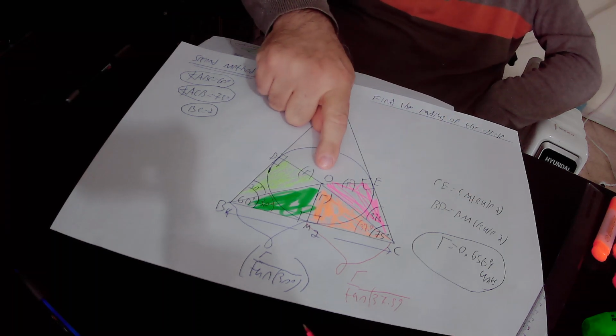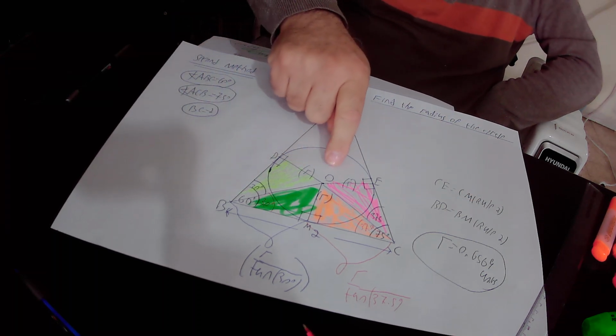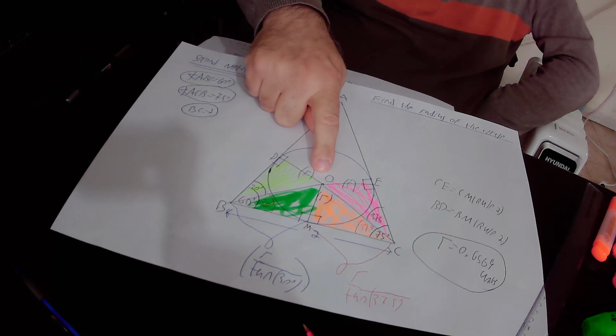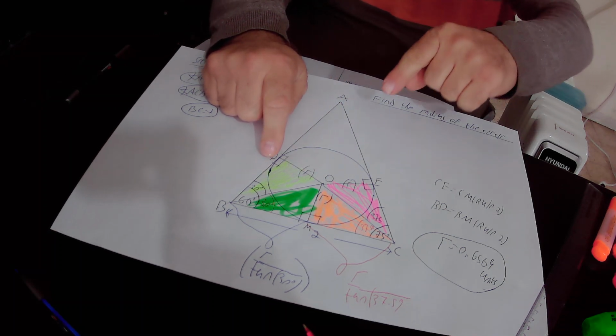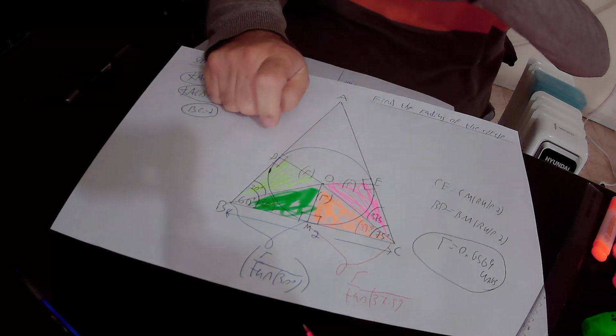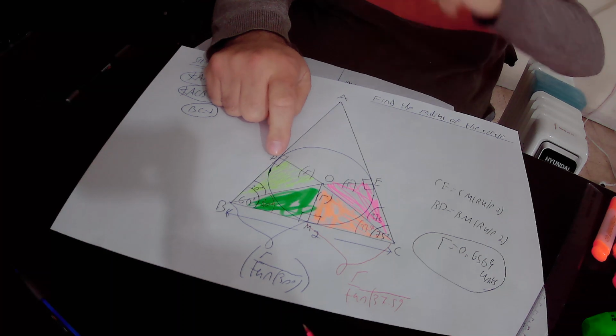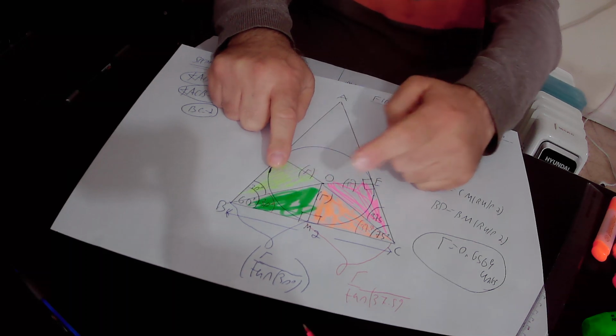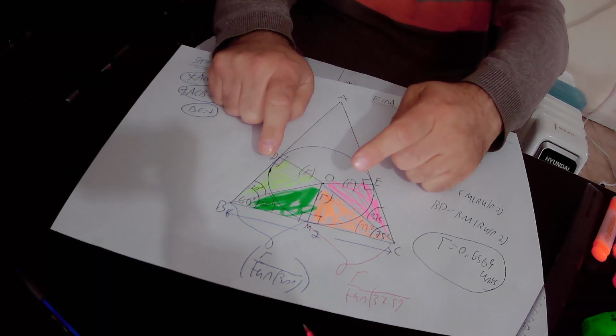Then we join points O and B together by a straight line, and join points O and C together by a straight line. By joining points O and B, we get here two triangles, the yellow right triangle and the green right triangle. And we prove that those two right triangles are congruent according to the side rule. Why are those two right triangles congruent?